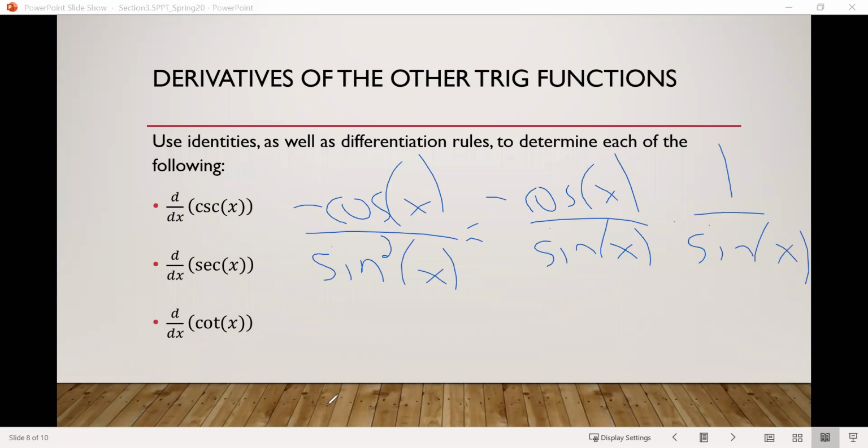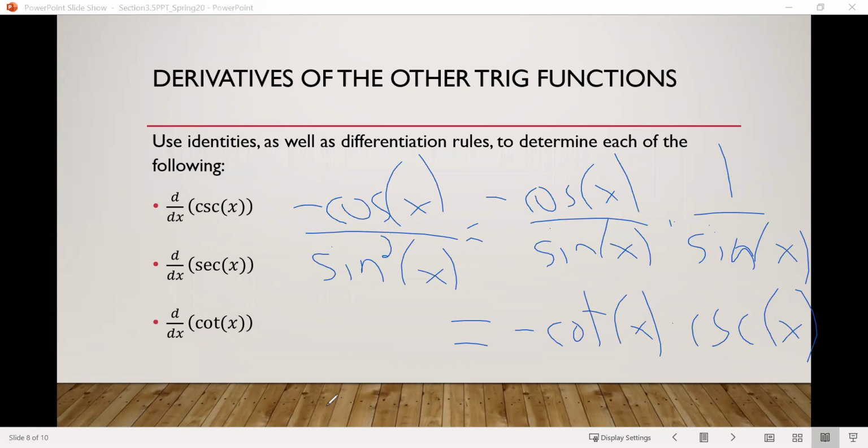Because notice if we multiplied this back out, 1 times negative cosine gives us negative cosine of x, and sine of x times sine of x on the denominators gives us sine squared. And then negative cosine over sine gives us negative cotangent. And then 1 over sine gives us cosecant.